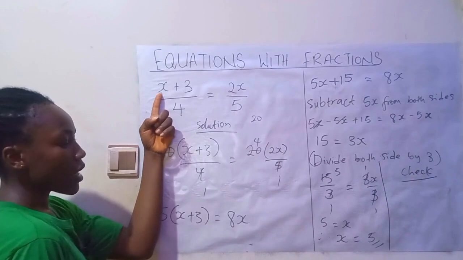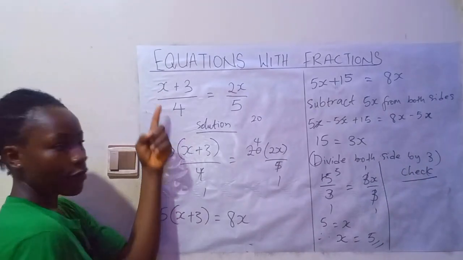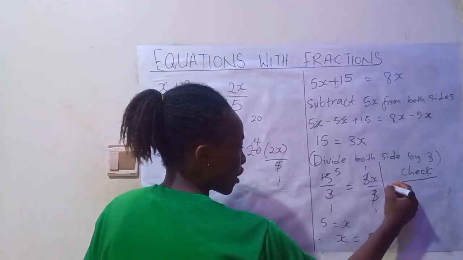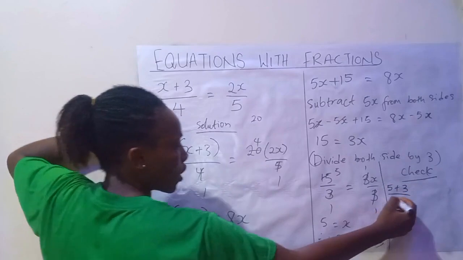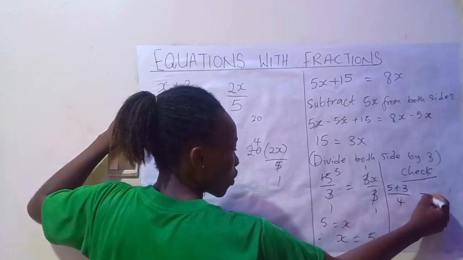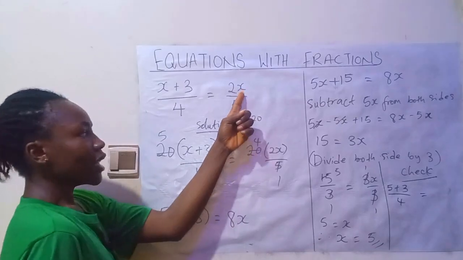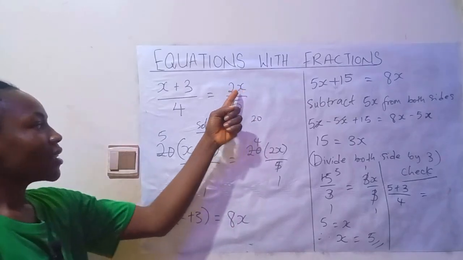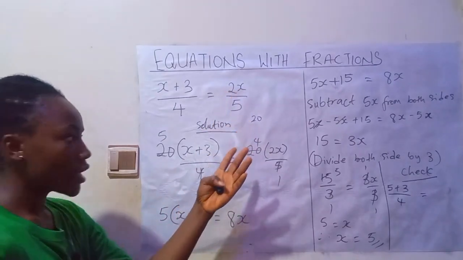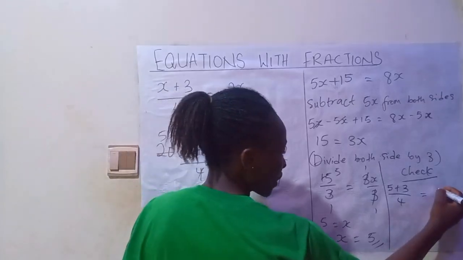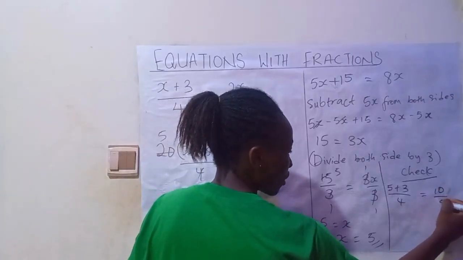So we have x here. x will now become 5. 5 plus 3 all over 4 equals, yeah, we are multiplying 5 by 2 because x is 5. So when we multiply it, we have 10 over 5.